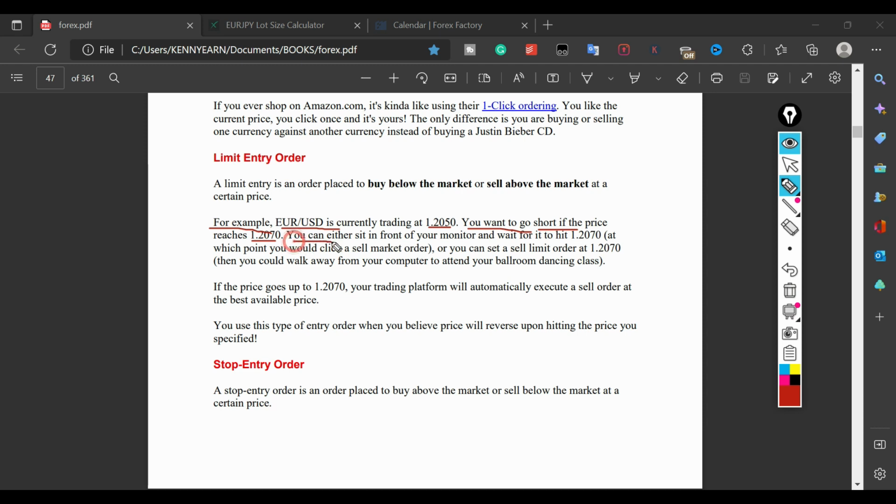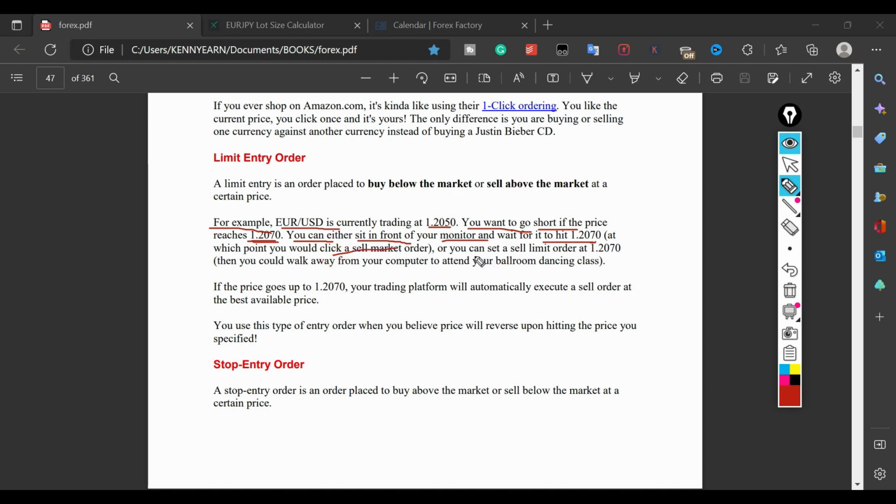You could either sit in front of your computer, depending on how long the market is going to take to get there, or you can be checking the market at intervals of maybe 30 minutes or 1 hour, so you can catch it when it gets there. You can wait till it gets there and use instant execution, the first one, to just take the trade.